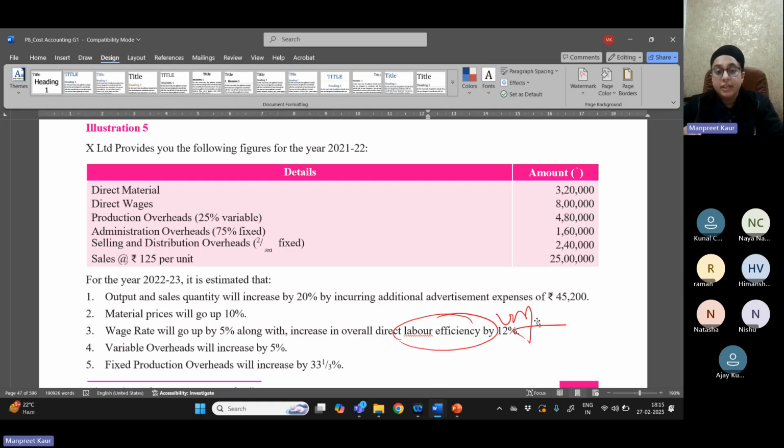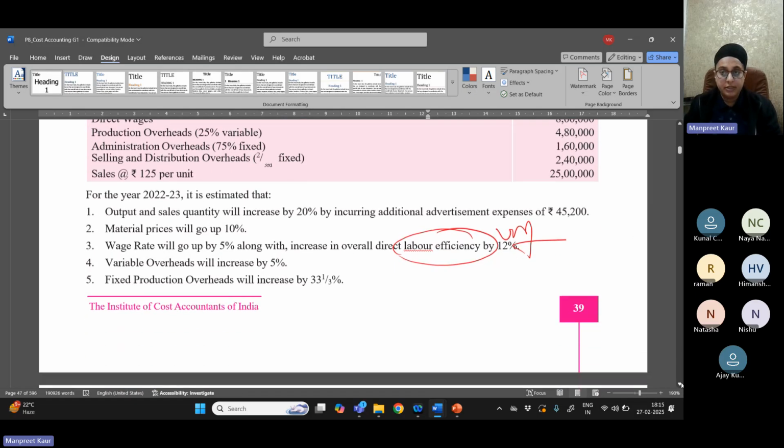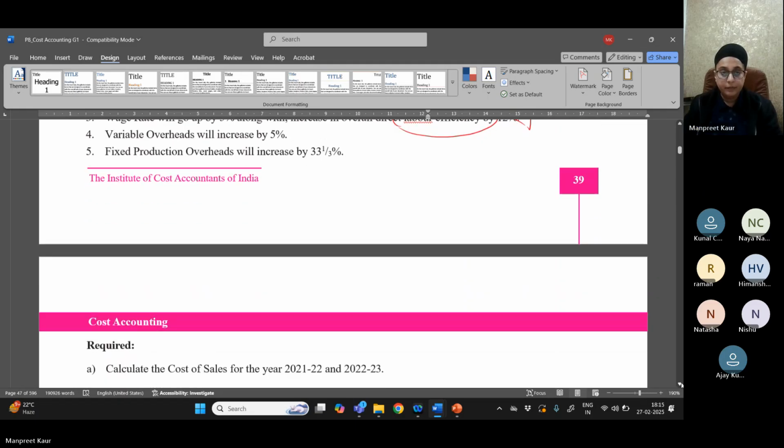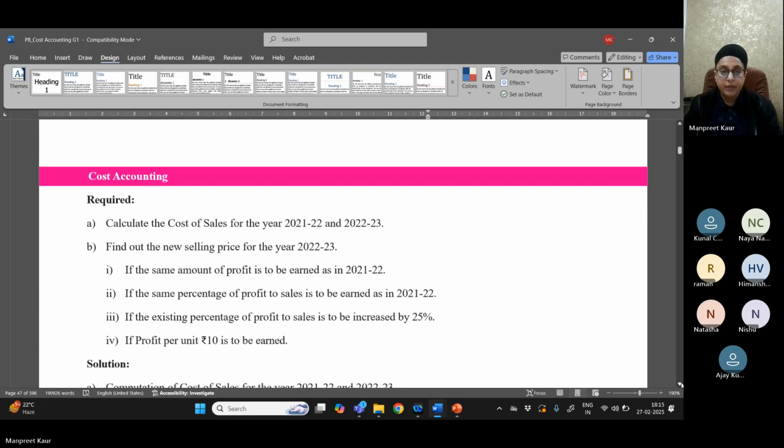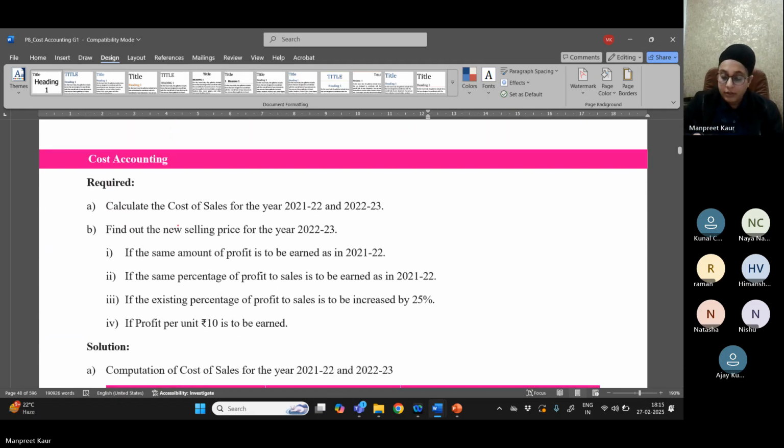Variable overhead will increase by 5%. Fixed production overhead will increase by 33.3%. What we have to calculate is the cost of sales and new selling price if the same amount of profit is earned in 2021-22.